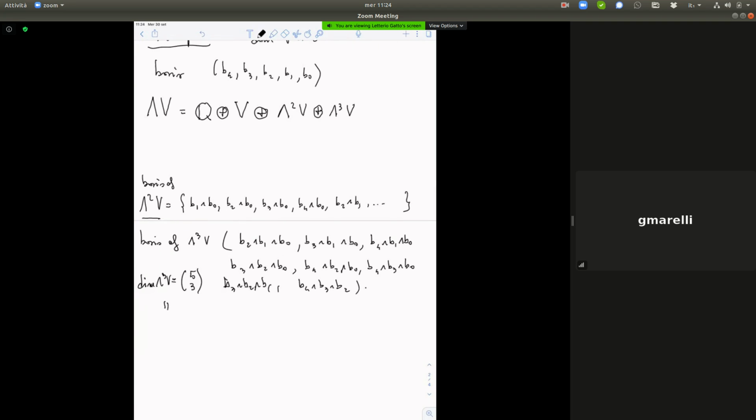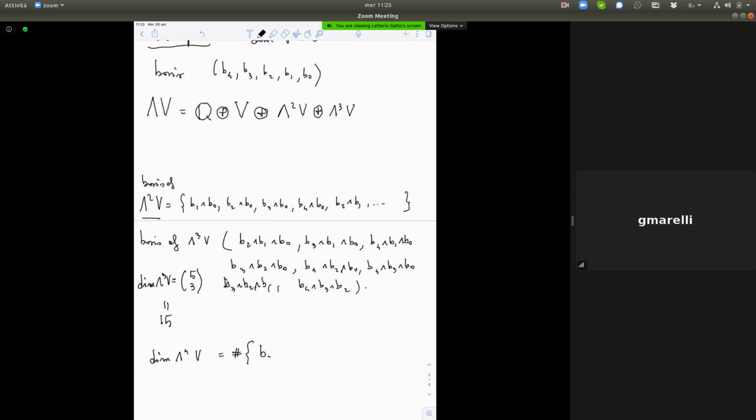So this is 5 times 4 divided by 2, which is 15, so the dimension of this vector space is 15. And if you want to compute the dimension of wedge 4V, you just compute the number of the basis elements.